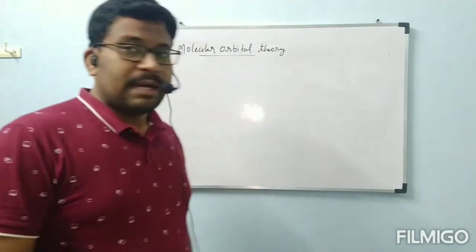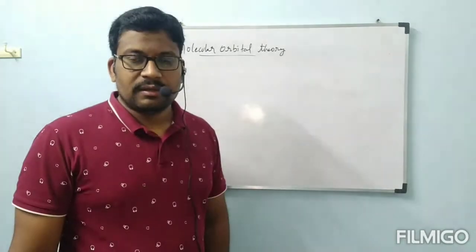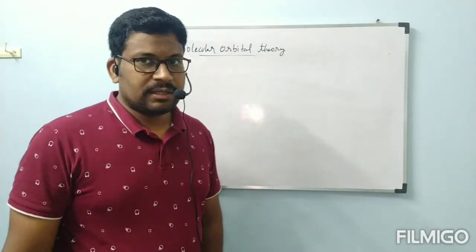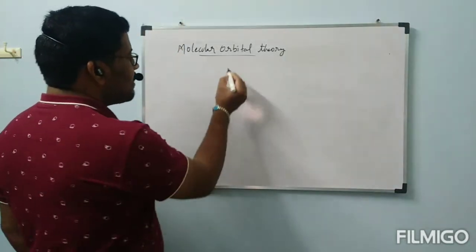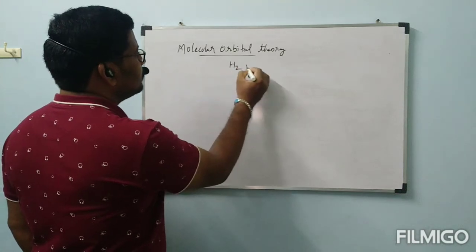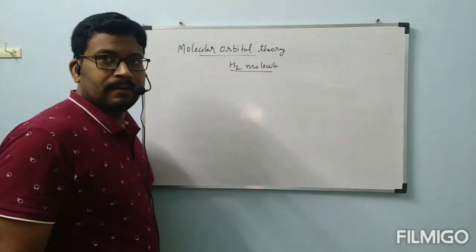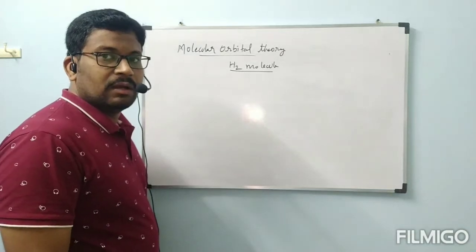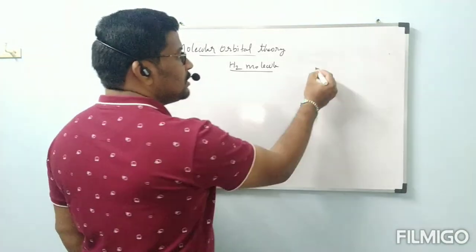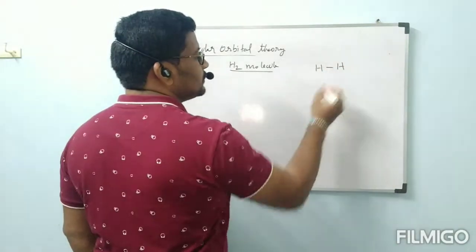Now by taking one example, we will see what this molecular orbital theory is about. Let us see the formation of the H2 molecule. An H2 molecule contains two hydrogen atoms.